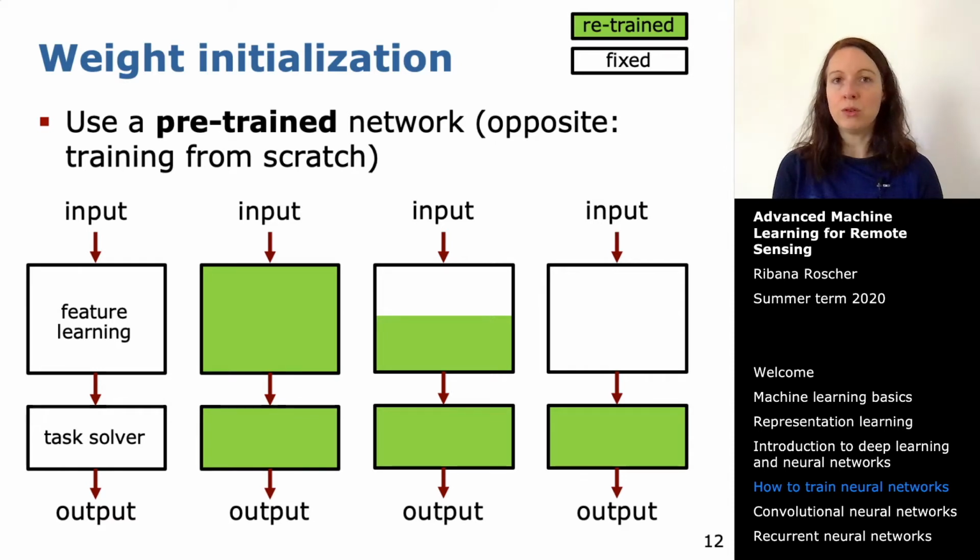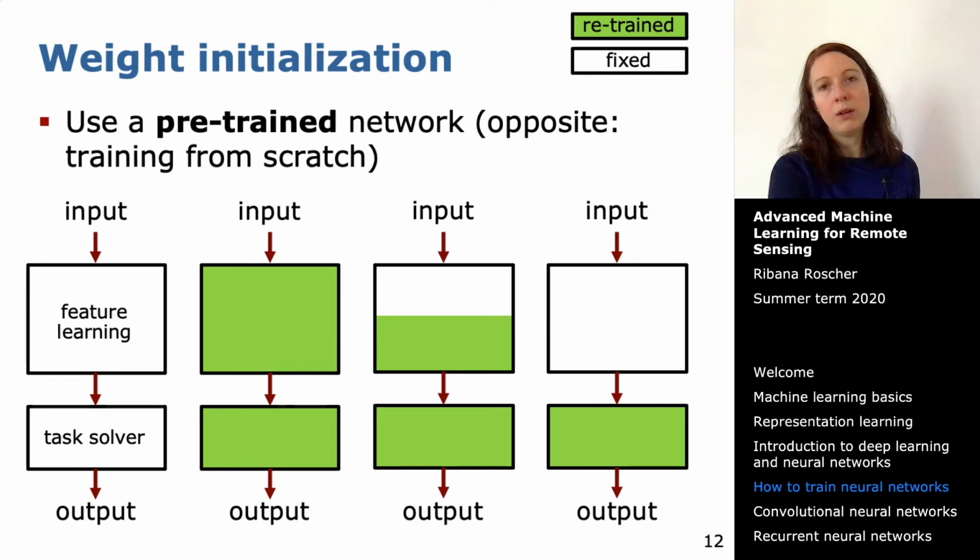So when you want to retrain only a part of the network, it's a good choice to retrain the last layers and not the first layers. And another possibility is that, for example, you fix the whole hidden layer structure, so you use the weights which are used there, and you only retrain the very last layer where you solve the task, for example, the classification or the regression layer.